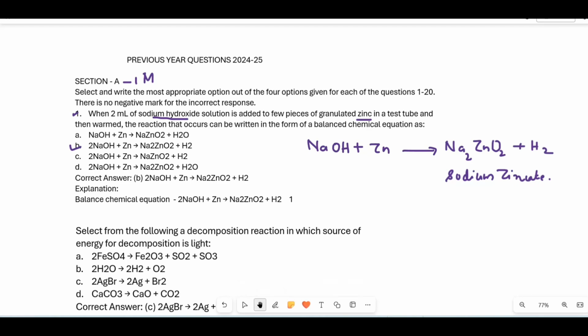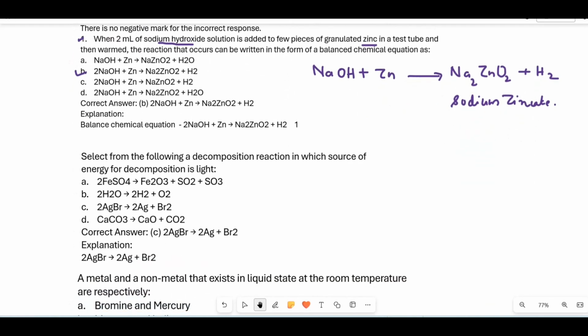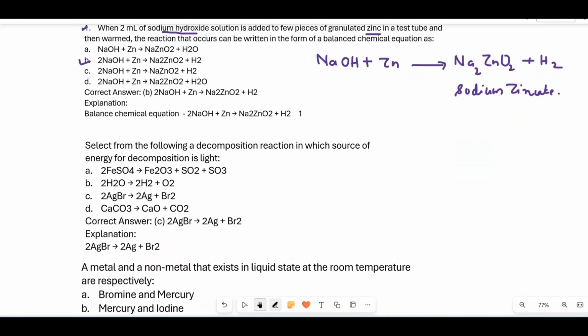Now the second question: select from the following a decomposition reaction in which the source of energy is light. So decomposition by light. The first one is FeSO4 giving Fe2O3, so that is thermal decomposition.